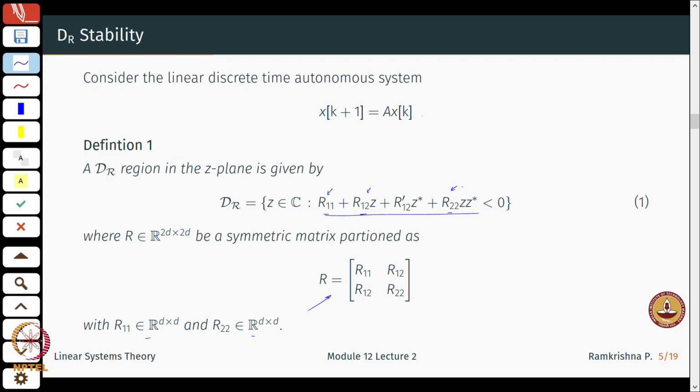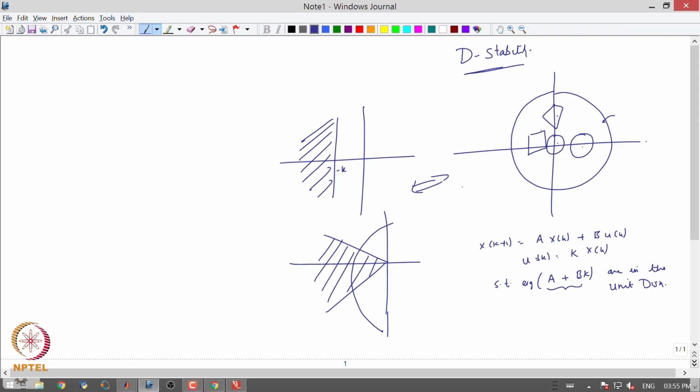I will shortly show you some examples. Say my D_R region looks something like this. My system would be called D_R stable if, in addition to stability, all eigenvalues are within this shaded region.